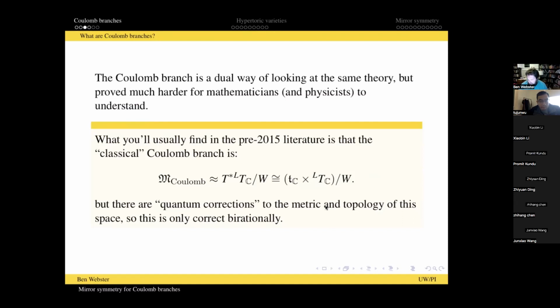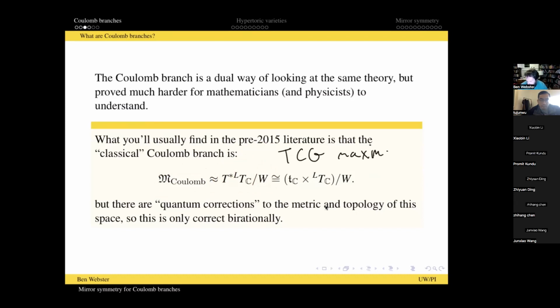All right, but we're still in a big improvement over the literature from before 2015. If you looked at the literature before that, they would say, okay, there's this thing called the Coulomb branch. There are a couple of ways to think about this. You can most compactly write it as the cotangent bundle of the Langlands dual of the torus of G. Here, T sub G is the maximal torus.